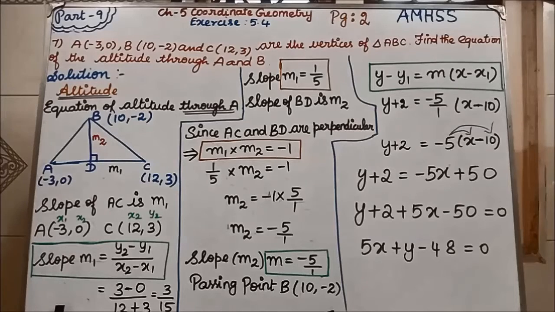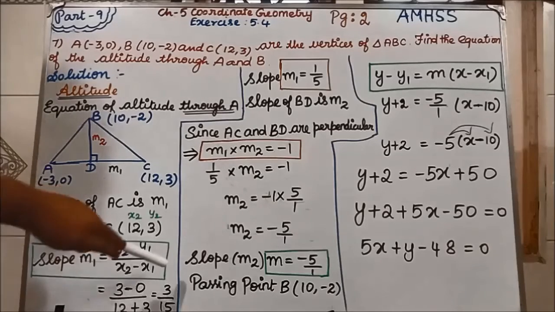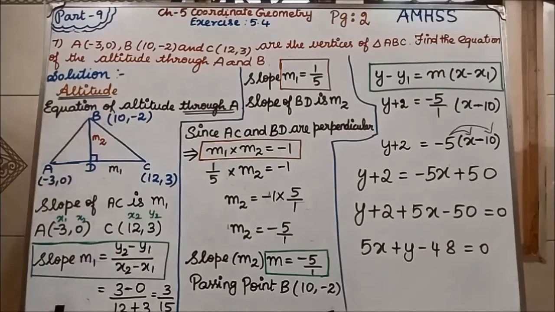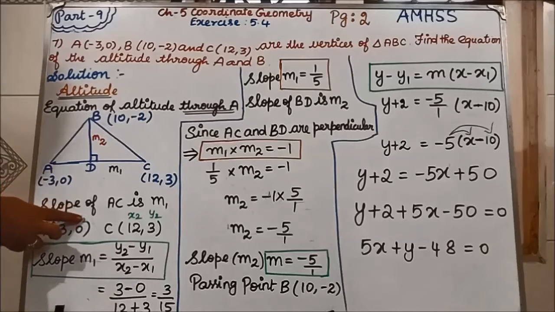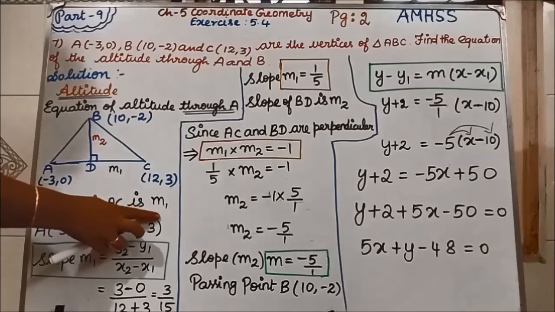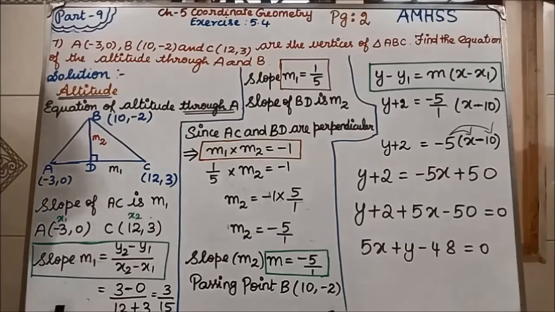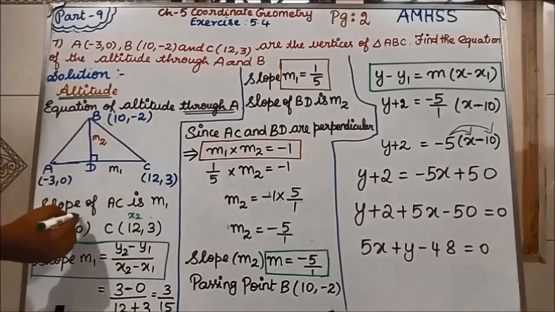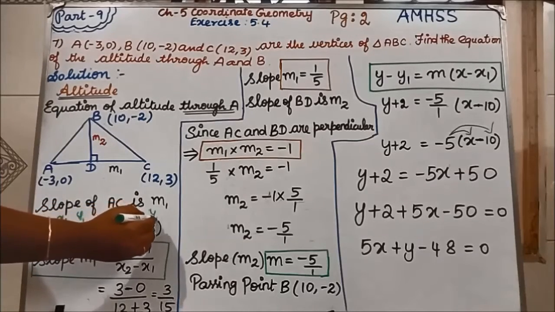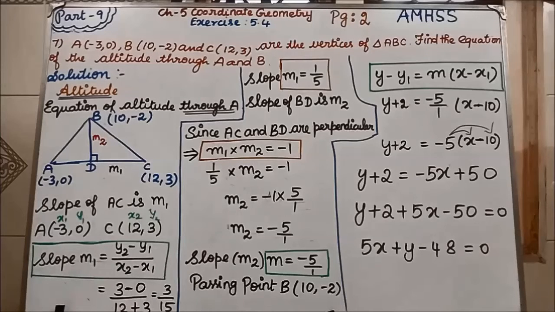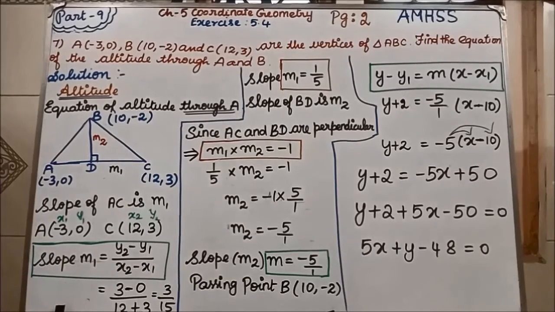But the procedure, the steps, everything is the same. First, we will find the slope of AC, m1. A is (-3, 0) and C is (12, 3). The two-point formula is slope m1 equal to y2 minus y1 divided by x2 minus x1. Here y2 is 3, y1 is 0.